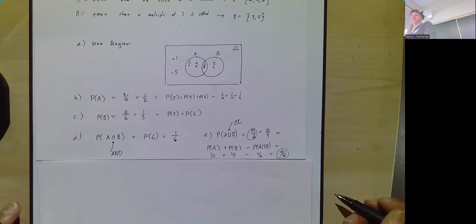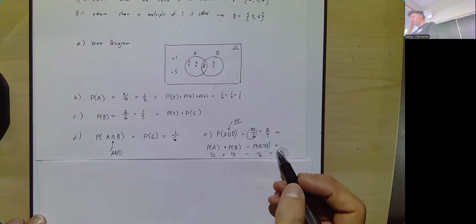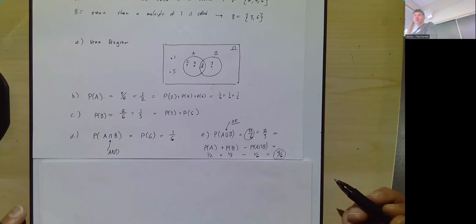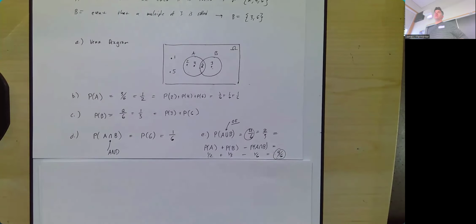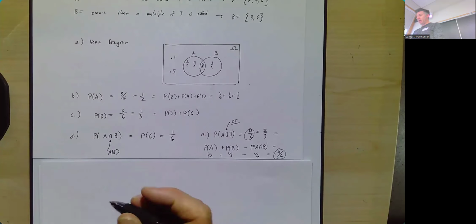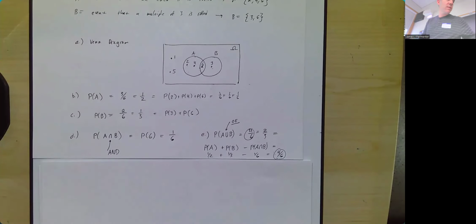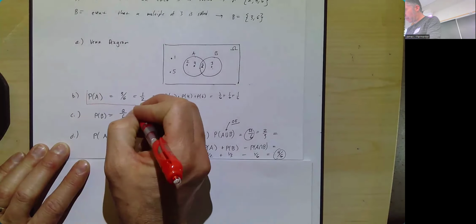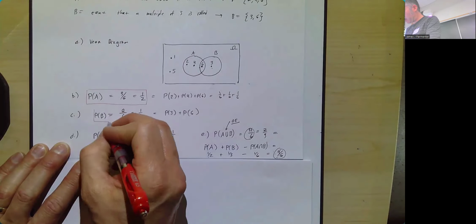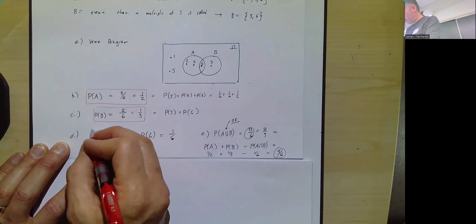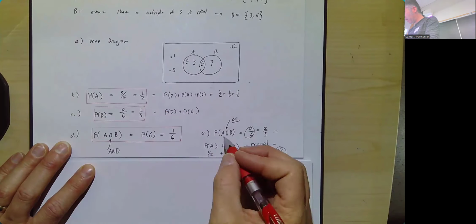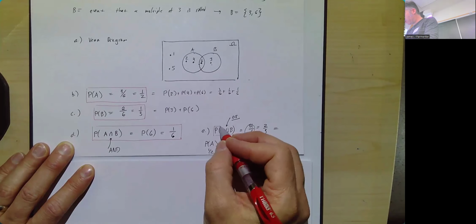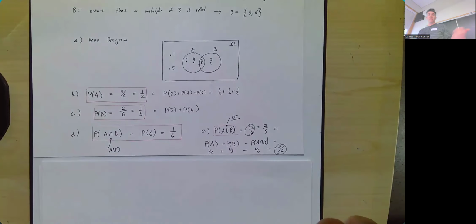That's where that's coming from. We're just showing you the same thing either way. So if someone didn't give you this picture, all this information, and they just told you this and this and this, then you could calculate this by using this formula instead of having this picture.